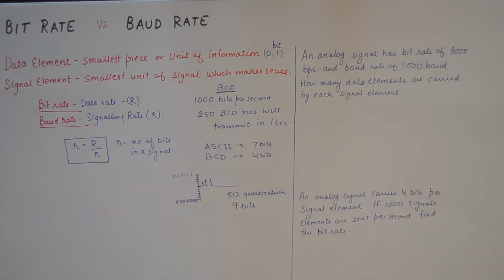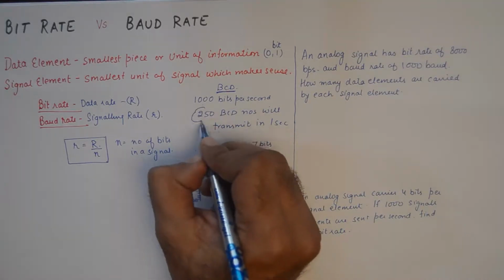Considering one BCD number as one signal, the signaling rate will become 250.